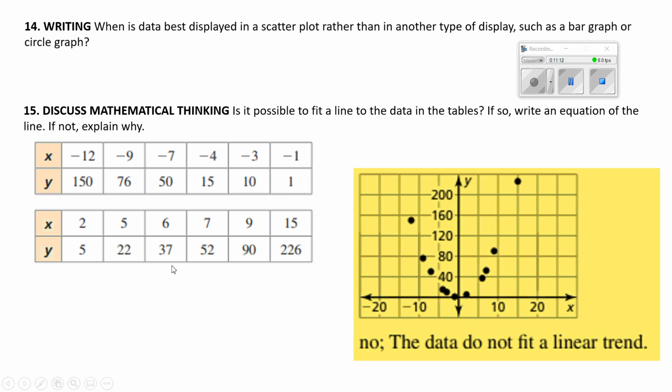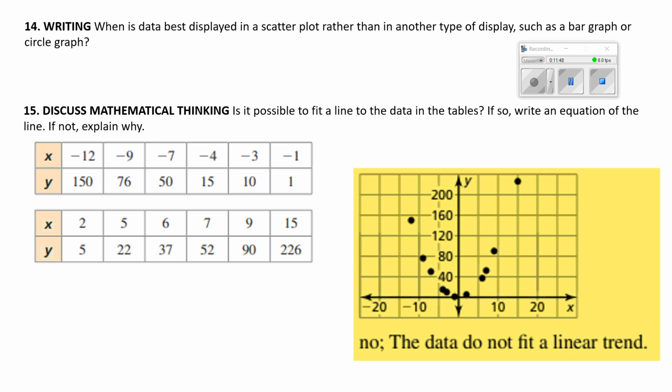And then on this side, we have 2 and 5, and then we had 5 and 22. So 5 should have been about right here, and then come up. So I'm not really crazy about the way they made this graph, because it should have been right here if there are increments of 5. And 22 would have been right here.